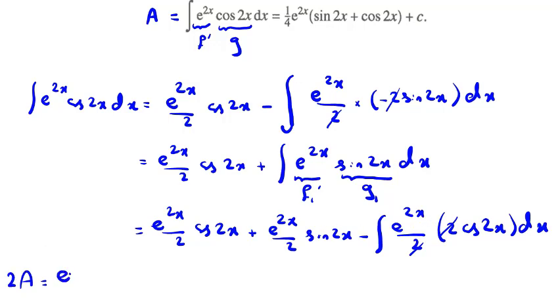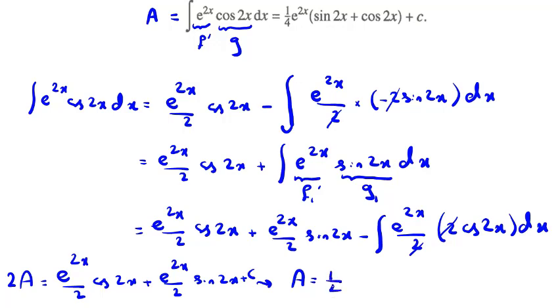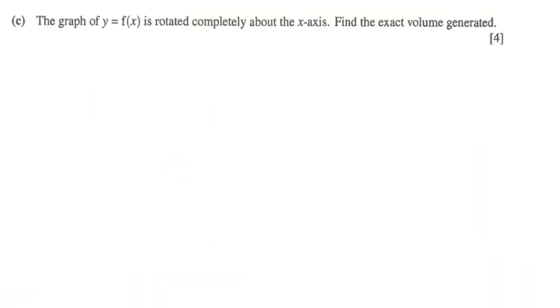So 2a equals e^(2x) over 2 cos 2x plus e^(2x) over 2 sin 2x, plus c, because we can have a constant here. So a will be 1 over 4 e^(2x) times cos 2x plus sin 2x, plus c. Or you can add c at the end if you want, or you can say t is a constant, and then t over 2 is c.